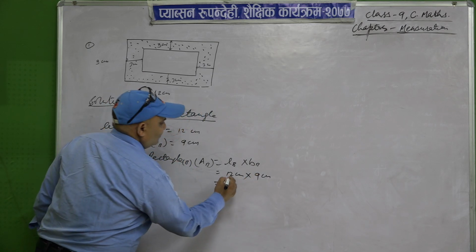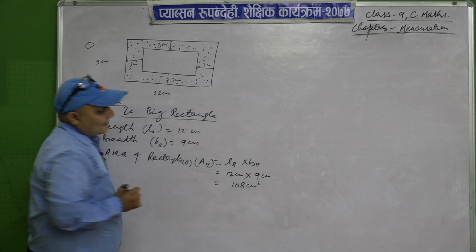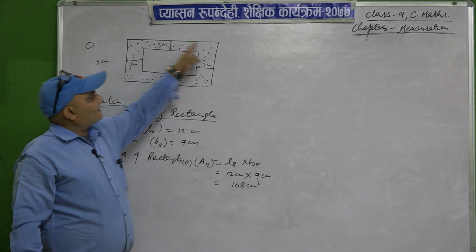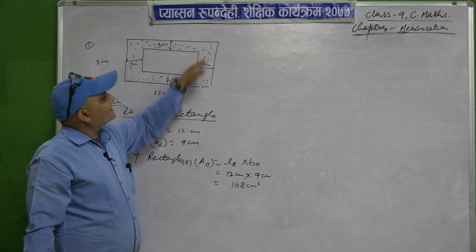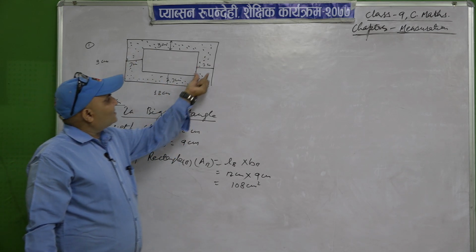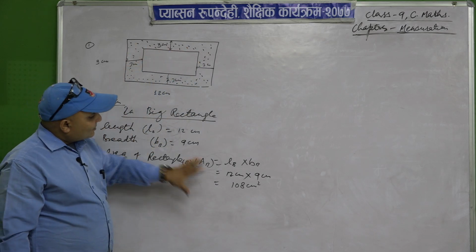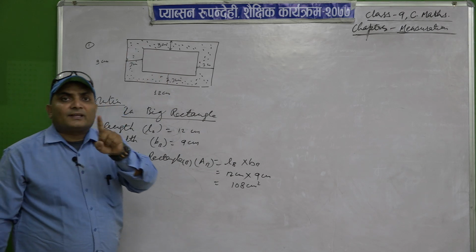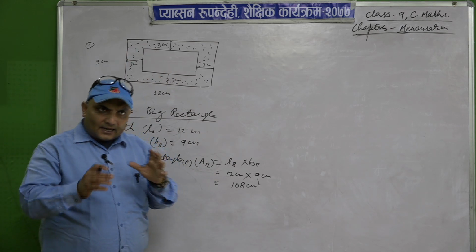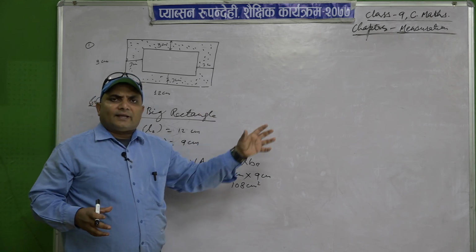If you multiply, 12 nines are 108 centimeter square. This is the area of the big rectangle, but be careful, we have to find the area of this shaded region, or the area of this uniform width. So this is the area of the big rectangle. Now we have to find the area of the small rectangle, and then subtract the area of the small rectangle from the area of the big rectangle.